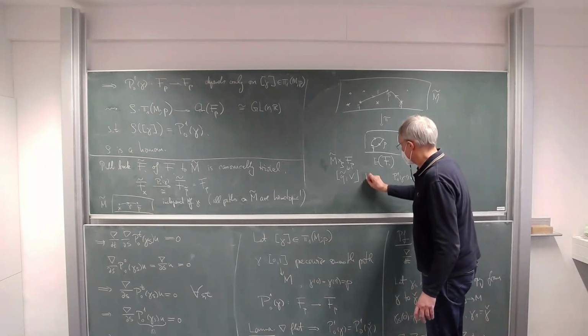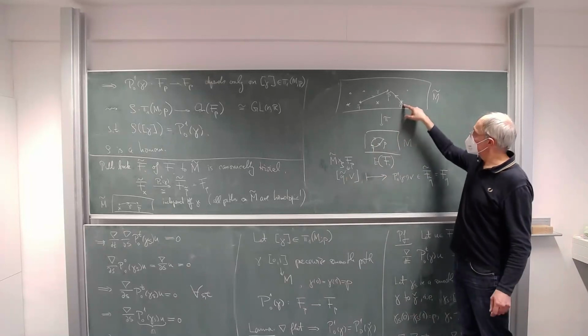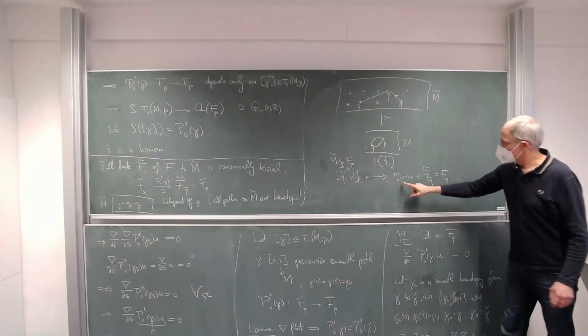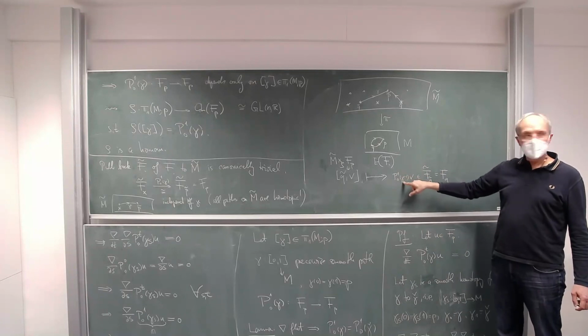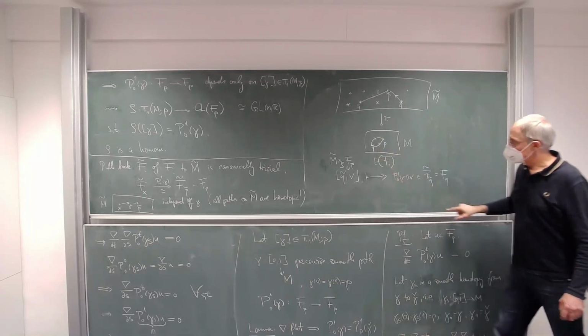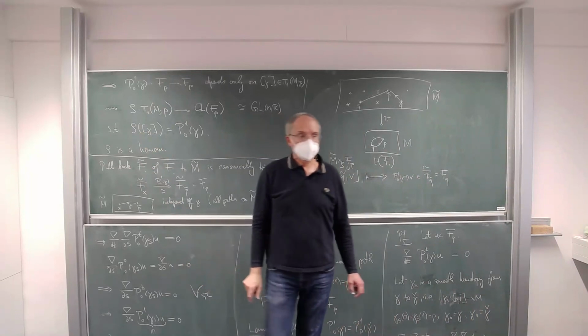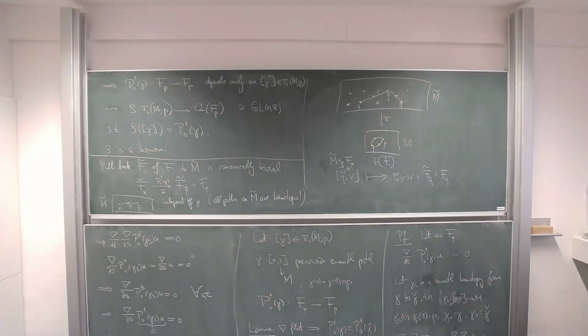So that's the method. And now if you replace q tilde by some other q tilde tilde, then this will differ by parallel transport along a closed loop that I've indicated here. And this is exactly the equivalence relation given by this representation. All right, so that's the equivalence of bundles with a flat connection and representations of the fundamental group.